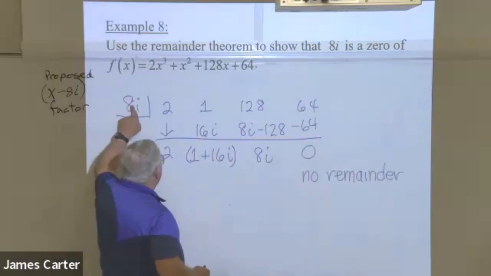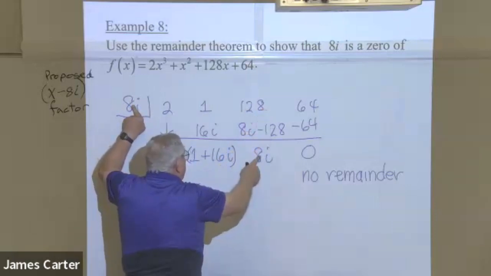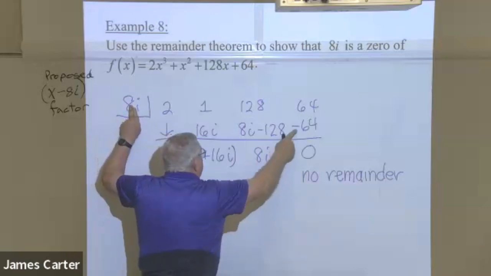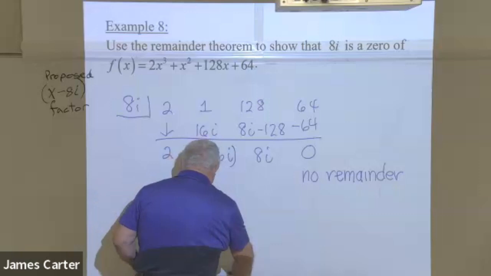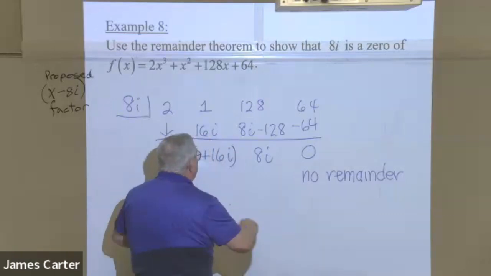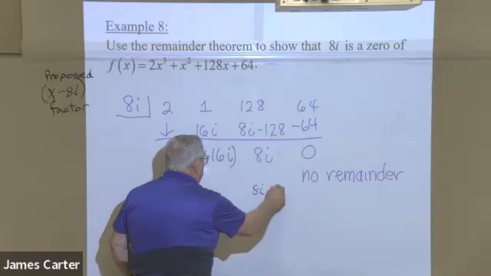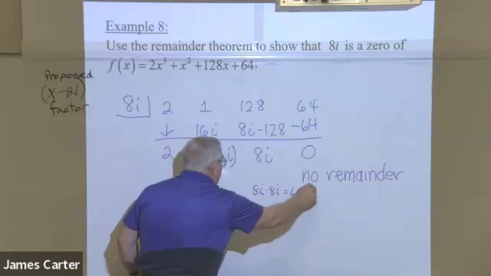Okay, continuing, I subtract down here, the 128s cancel out, leaving me the 8i. So 8i times 8i is 64i squared.